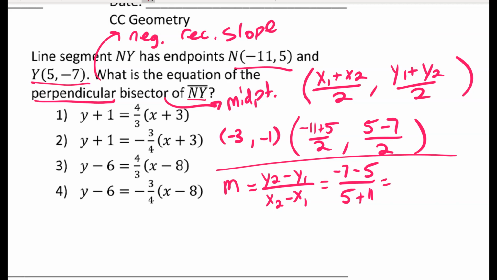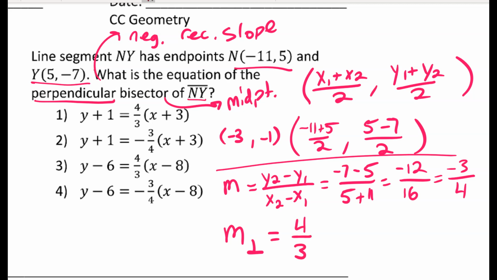So when I do that, -7 minus 5 is just -12, and 5 plus 11 is 16. When I reduce this slope, I end up just getting -3 over 4. But remember, you want the slope that is perpendicular to that. So I'm going to flip that and negate it.